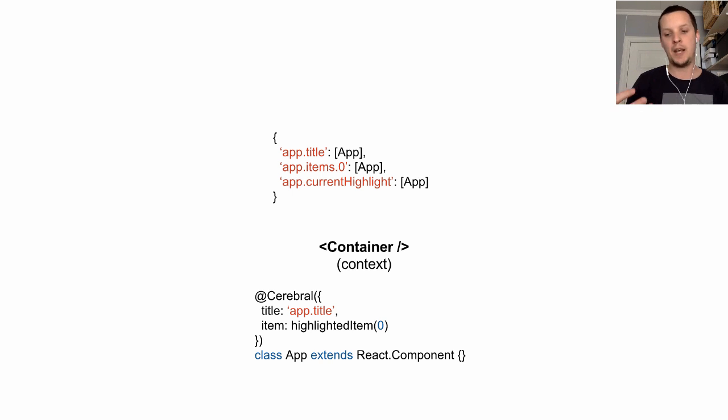So how does this actually work with all this computed stuff? If you remember that a component registers to the container, and it tells it what state dependencies it has. So in this case, it tells that, okay, I have a dependency to app.title, but I also have this computed thing. And what actually happens there is that it extracts the dependencies of that computed function.